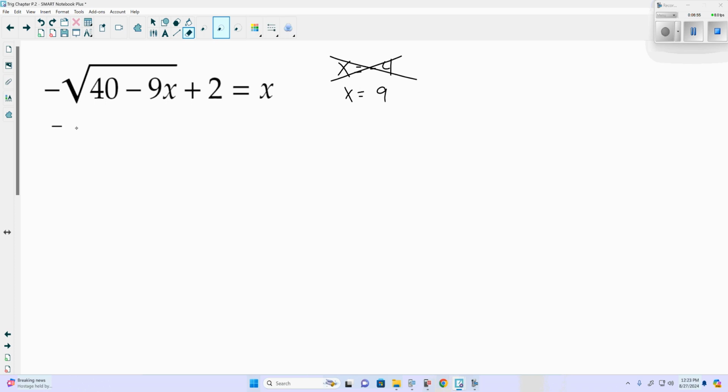And we can try this again with 9. Negative square root 40 minus 9 times 9 plus 2 is equal to 9. That's not going to work either. Probably no solution.